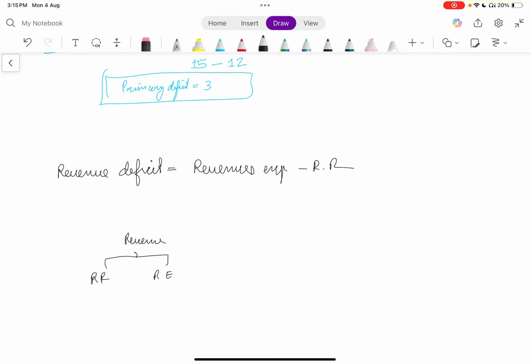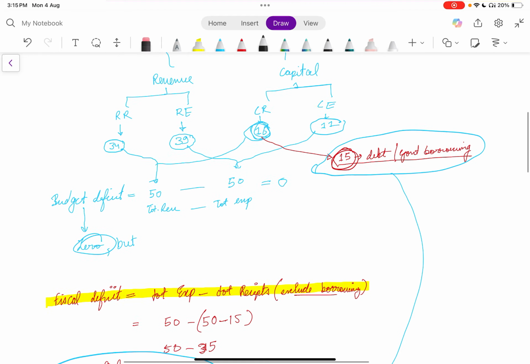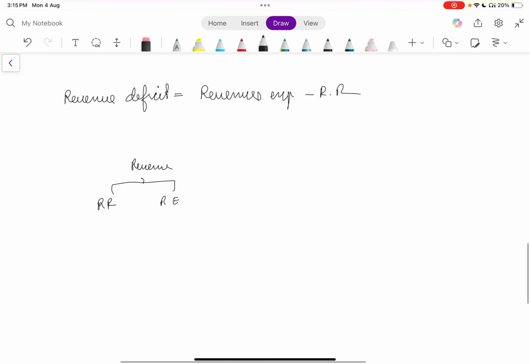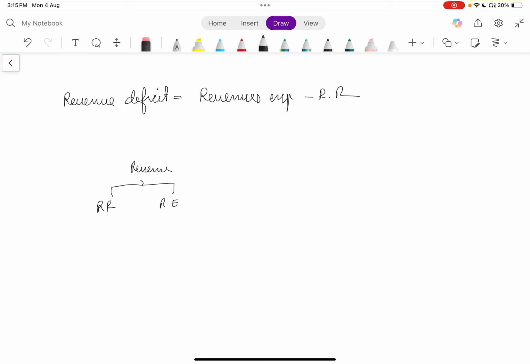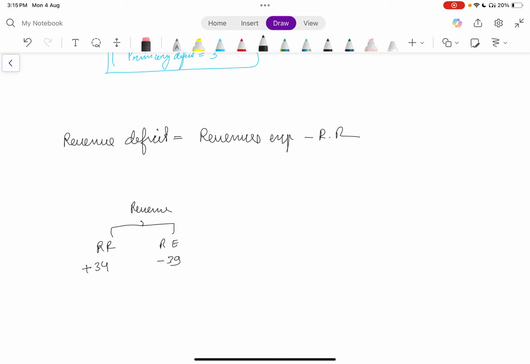Suppose in our example, it was 34 and 39. Our revenue receipt, that is our income, was 34. Our expenditure was 39. So we'll just subtract 34 from 39. It will turn out to be 5. Suppose this is 5 lakh crores. So this we will say is our revenue deficit.